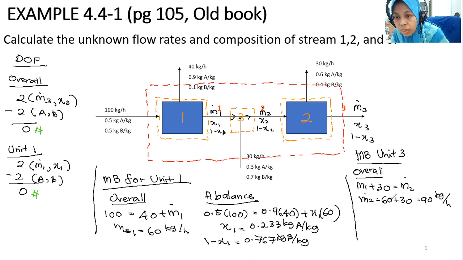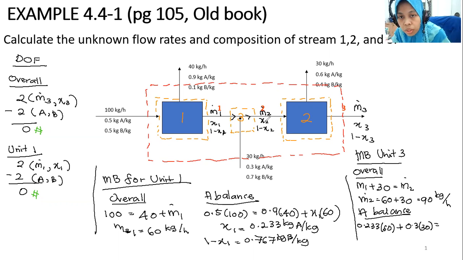M1 we just calculated as 60. So we can do the A balance. X1 times M1, so 0.233 times 60, plus 0.3 times 30 equals x2, which we don't know, times 90, which is M2.